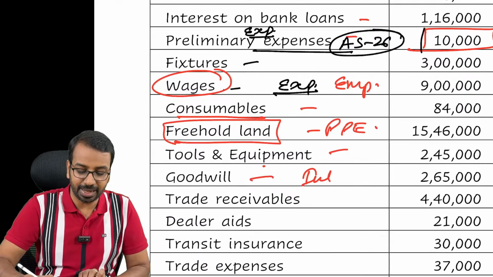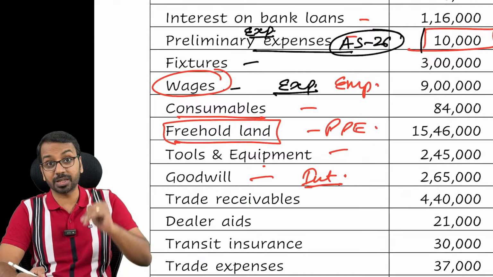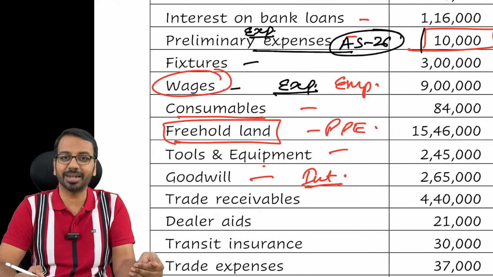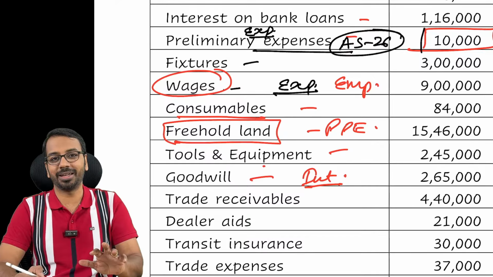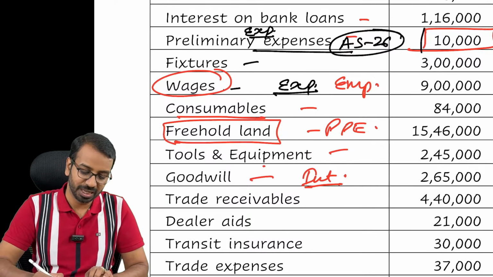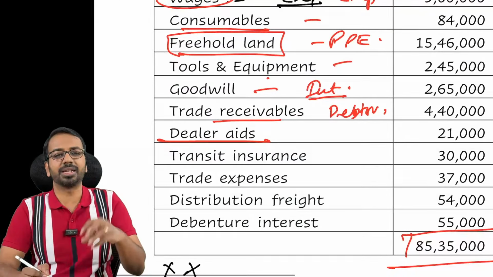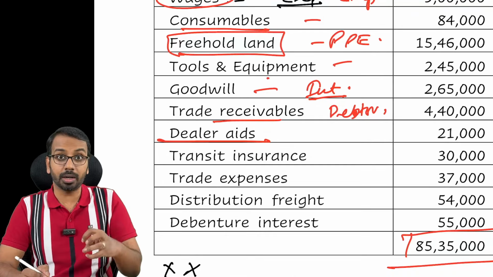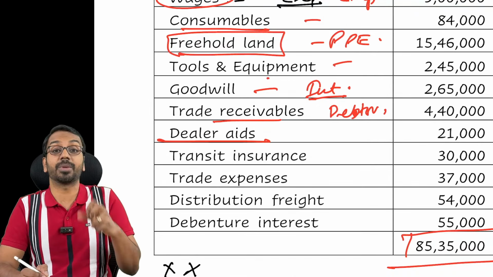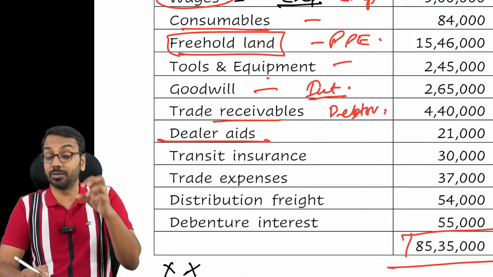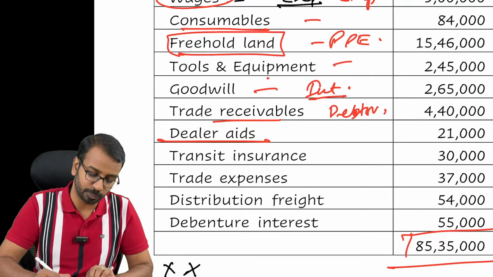Goodwill, intangible asset. So we have a separate heading for property, plant and equipment, and we have a separate heading for intangible assets. Trade receivables are our debtors. Dealer aids, these are basically some payments to dealer, or sometimes we may have some asset at dealer place. So accordingly, we'll make an assumption while doing the solution.